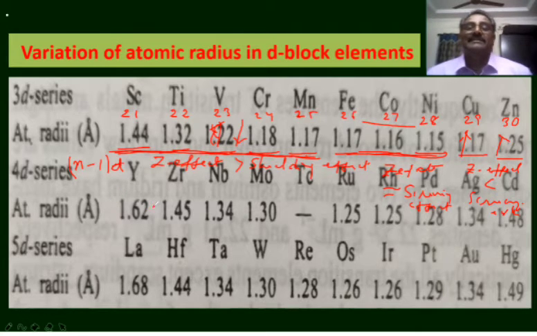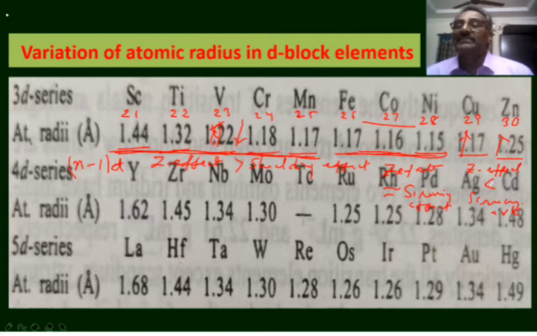That means, in the first few elements, that is scandium to manganese, the screening effect is not able to nullify the effect of increasing nuclear charge, as there are fewer electrons in the d orbital of the penultimate shell. In the case of iron, cobalt and nickel, the screening effect almost nullifies the effect of increasing nuclear charge.